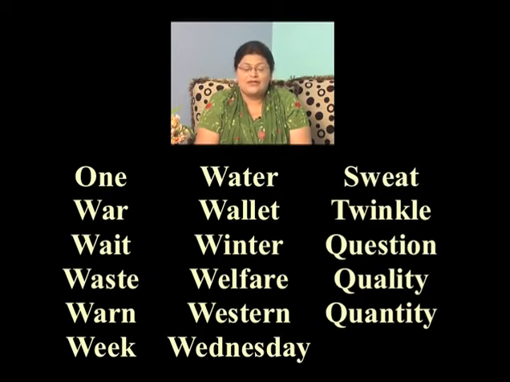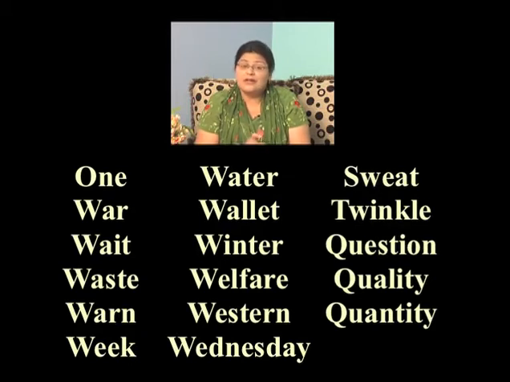Question. So we must be a little conscious of the fact that it's not only the letter W that would give us the W sound. Qu. Qu. After K, there's a W. Question. Quality, quality, quality. Quantity, quantity.